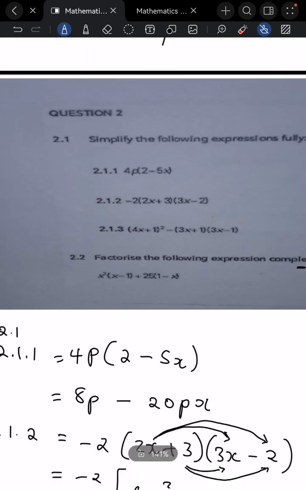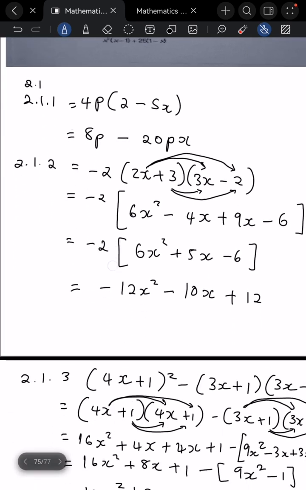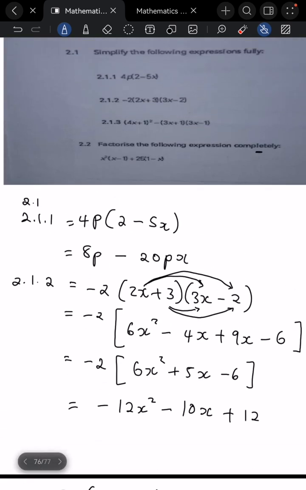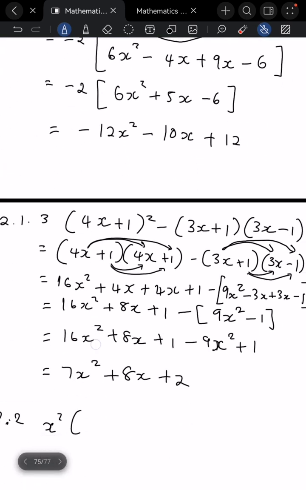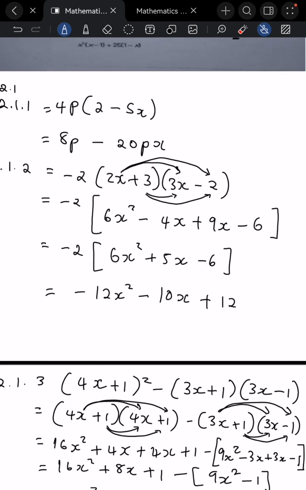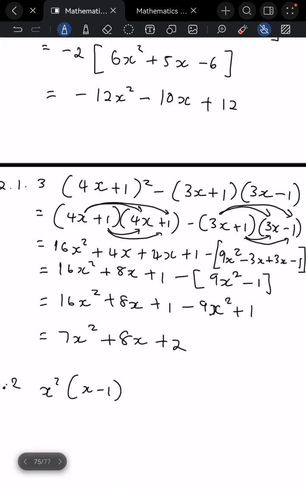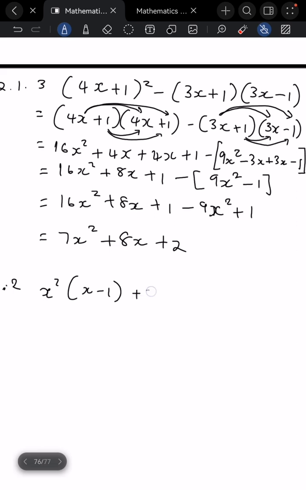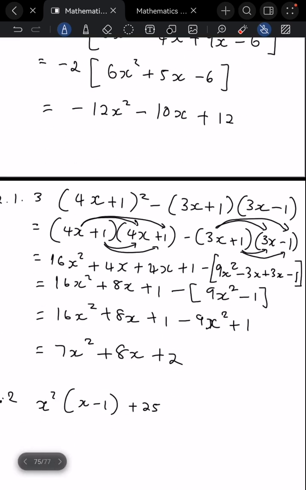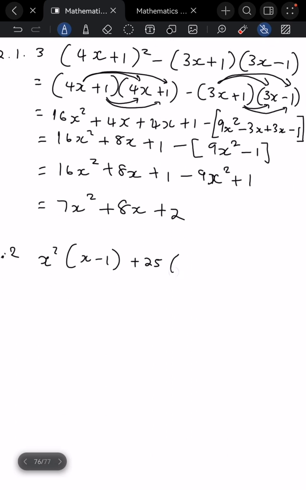Yes, it is x squared(x minus 1) plus 25(1 minus x).